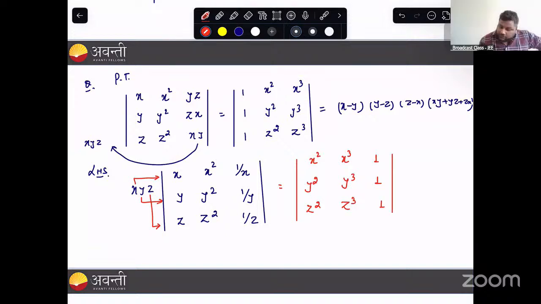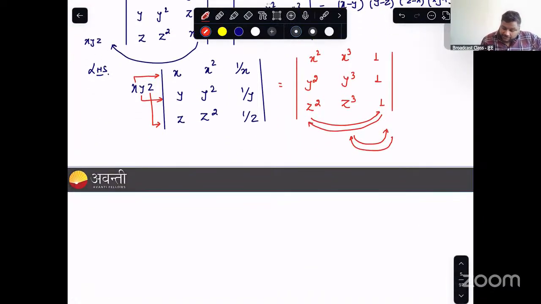Yes, sir. Now, let us interchange these two rows. So first row will become 1, 1, 1. Second row will remain same and third row will become x square, y square, z square. After that, exchange second and third row.